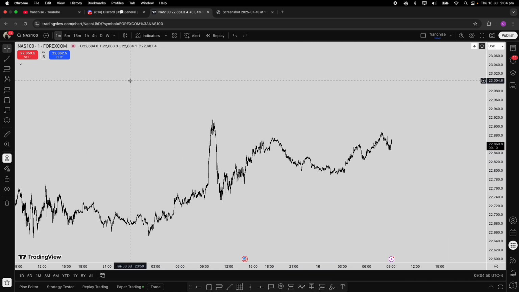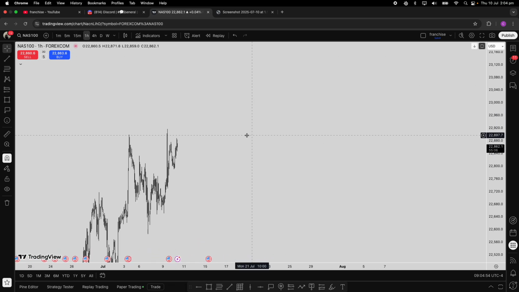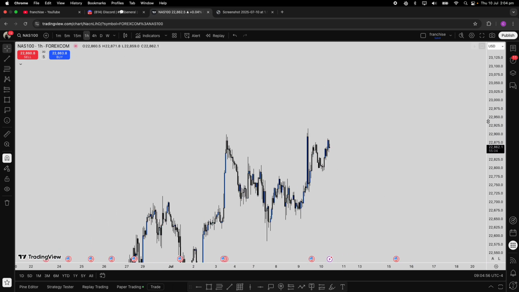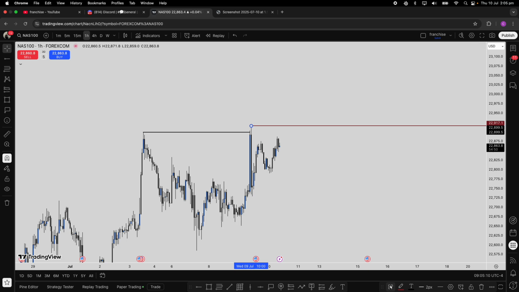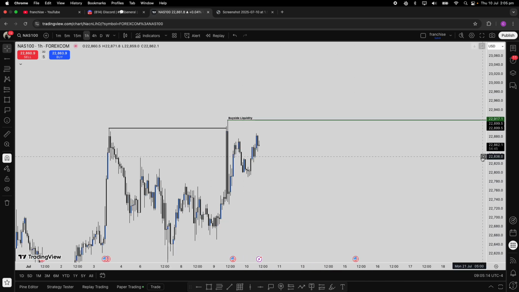Actually, we'll do today's buys also, just as a documentation of what we would like to see. So obviously come up, tick all-time highs. So we would mark this as buy side. This is our only buy side now.